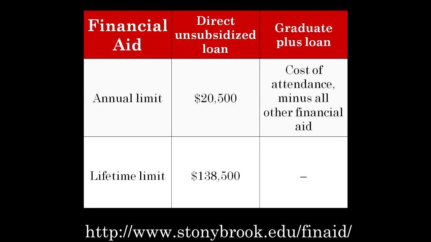For the Grad Plus loan, you can receive cost of attendance minus any other financial aid, for example, a tuition scholarship or unsubsidized loan. The lifetime limit for a graduate student is $138,500 for the unsubsidized loan. If you reach this limit, you will still be eligible for a Graduate Plus loan as long as you are enrolled and matriculated.